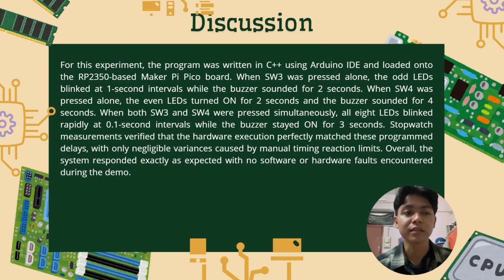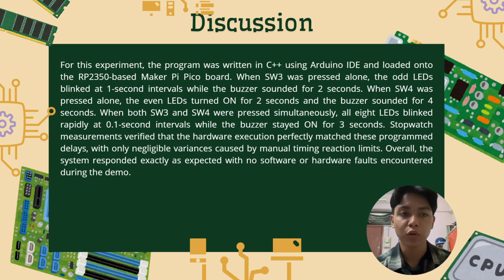For the discussion part, this experiment was written 100% in C++ using the Arduino IDE. It was loaded into the RP2350 Maker PIP board. When SW3 is pressed alone, the odd LEDs blink at 1 second intervals, while the buzzer sounds for 2 seconds.